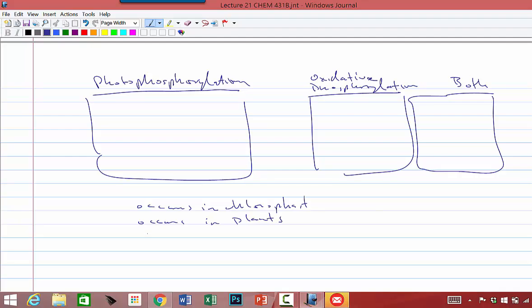Another one is occurs in mitochondria. Another one says involves a smaller electrical component.